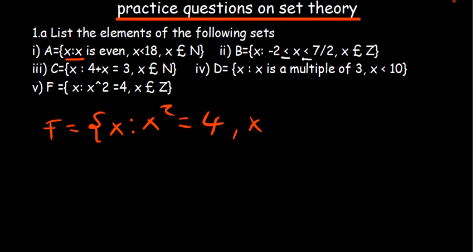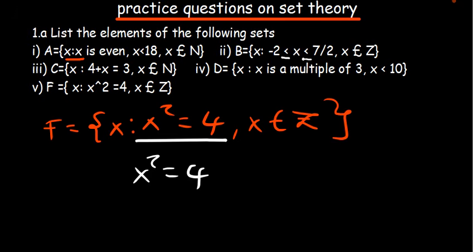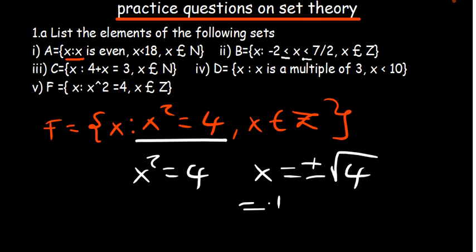Then x should be a member of integers. So what can we have in such a case? Let's find the two values of x that satisfy the equation. x squared is equal to 4, so x is either plus or minus root of 4. So we have positive 2 and negative 2.